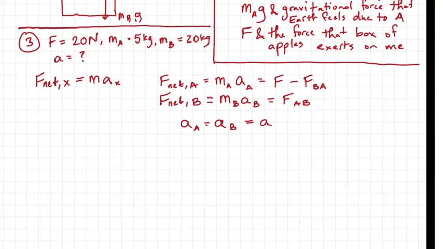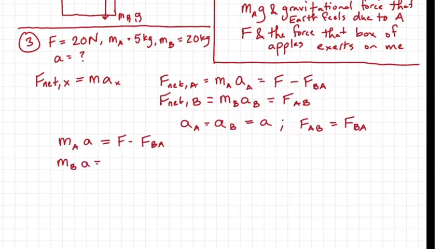So we know that MA times A equals F minus FBA. And we also know that due to Newton's third law, FAB is equal to FBA. Those magnitudes are the same. So we also know that MB times A is equal to FAB. These two things are the same.